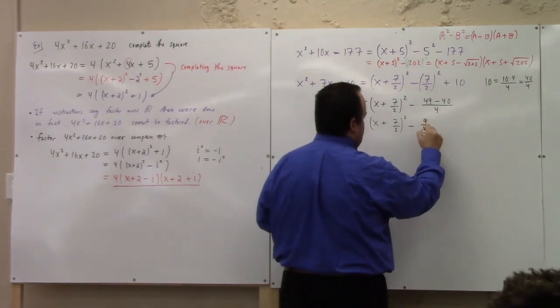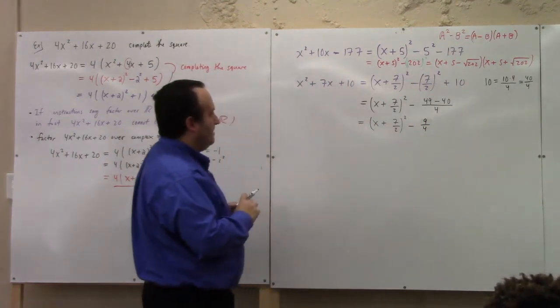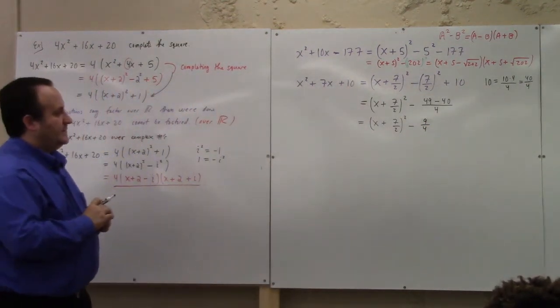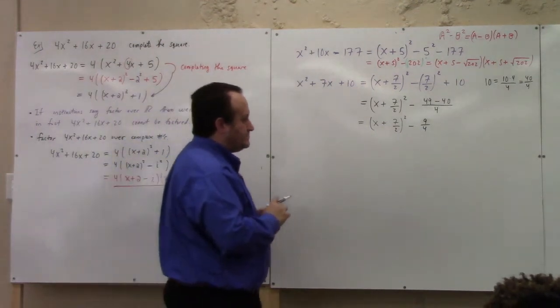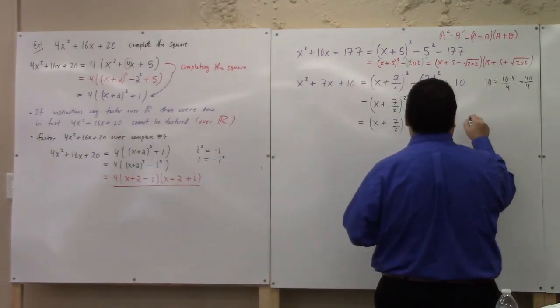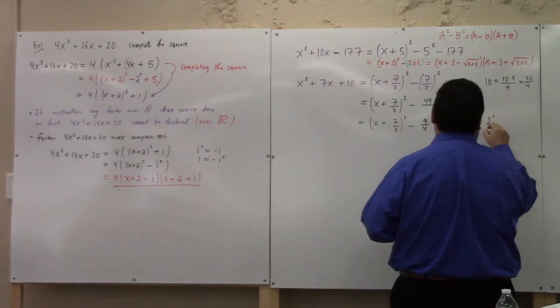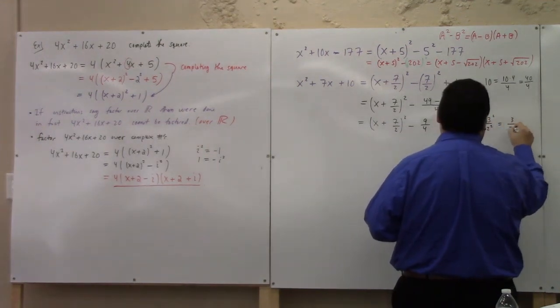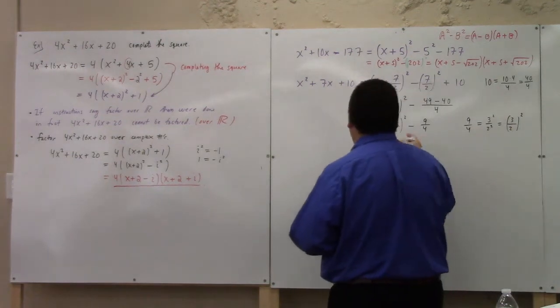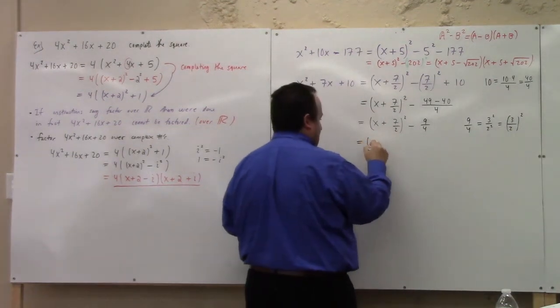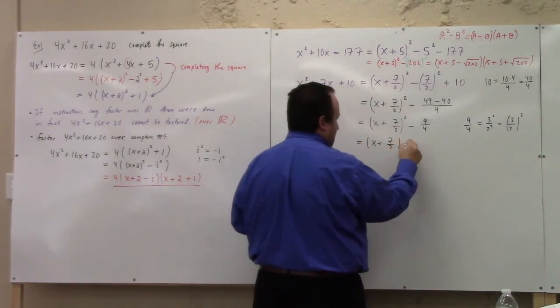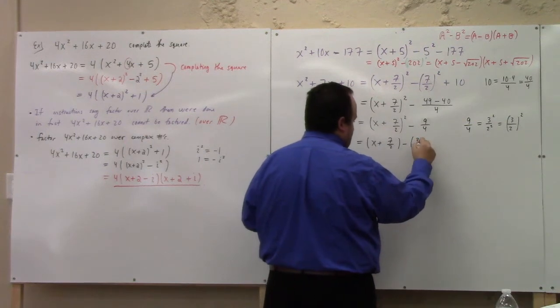Can you tell me what that is as a square? So 9/4 is actually 3 squared over 2 squared, or (3/2) squared. So just to drive the point home again, this is (x plus 7/2) squared minus (3/2) squared.